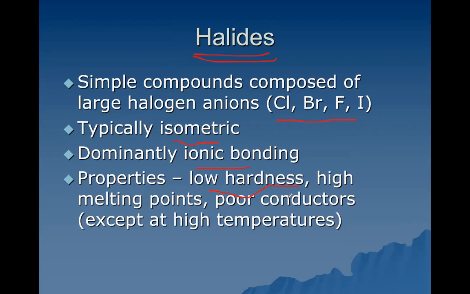To melt, you need to heat to a higher temperature. And also poor conductors, as you know, halogens do not conduct, right? They do not prefer conducting electricity, but at very high temperatures, they might conduct electricity. Under normal conditions, or under room temperature, or a little above that, they are insulators, right?